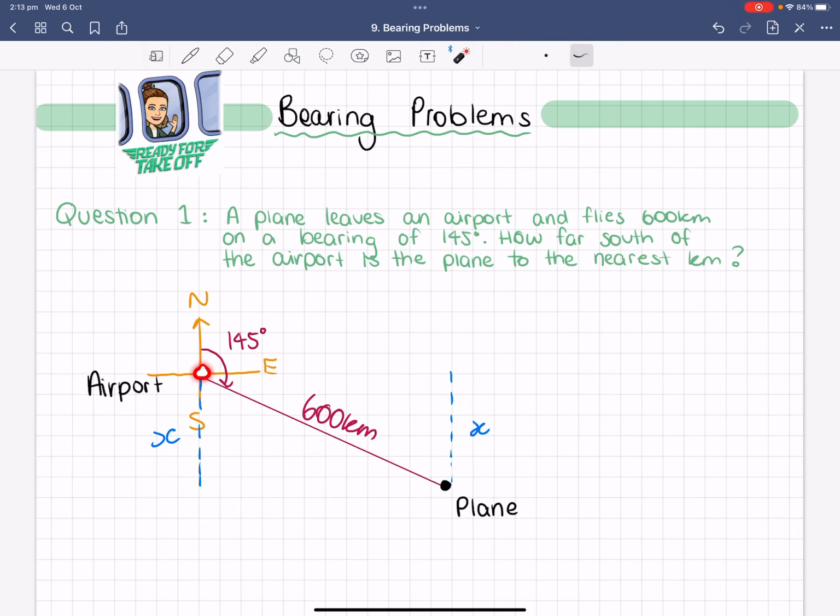So from the airport, the aeroplane is obviously in a southeast direction. But if we're talking about how far just south, it means how far below is it? And that is this distance, that X distance, or this one, right? In saying that, to work out how far south it is, we're going to want to know what this length is going to be.